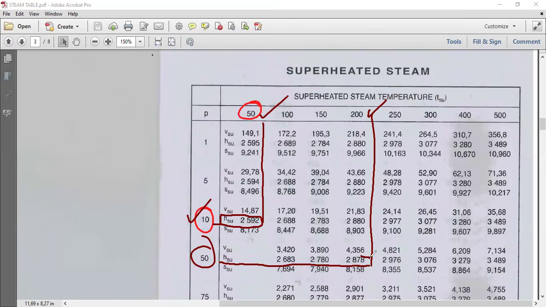This is the value that you are going to use. If it was 250, or 400 degrees Celsius, you have to consider that temperature that you're given of the superheated steam. But like I said, sometimes you are not given that.